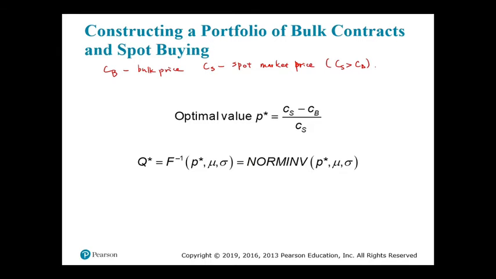And let's say Q star is the optimal amount to be purchased in bulk.